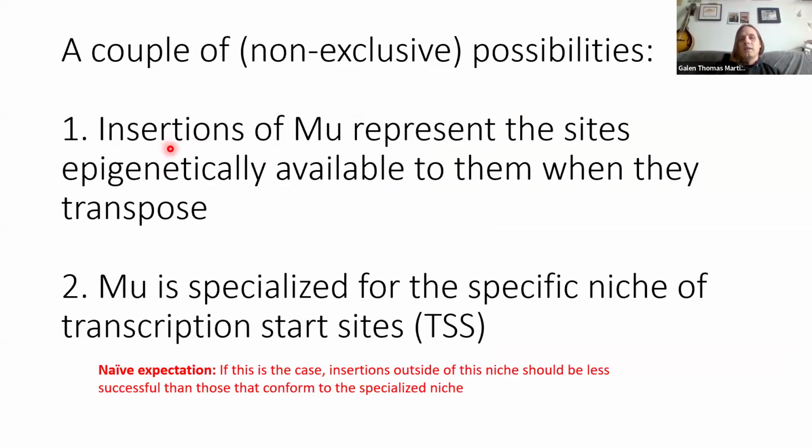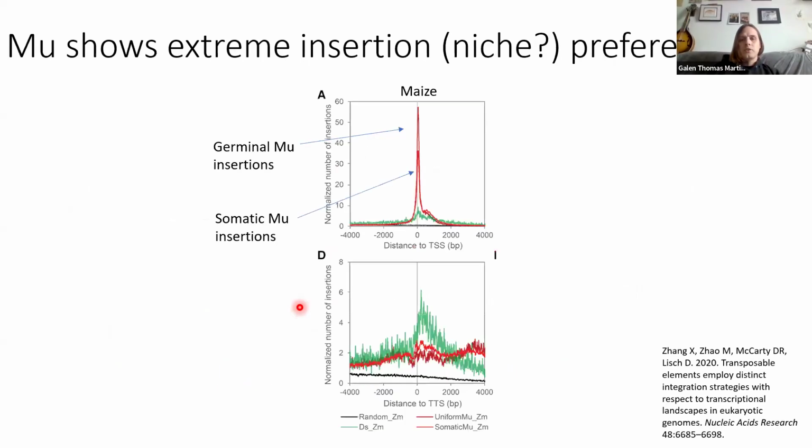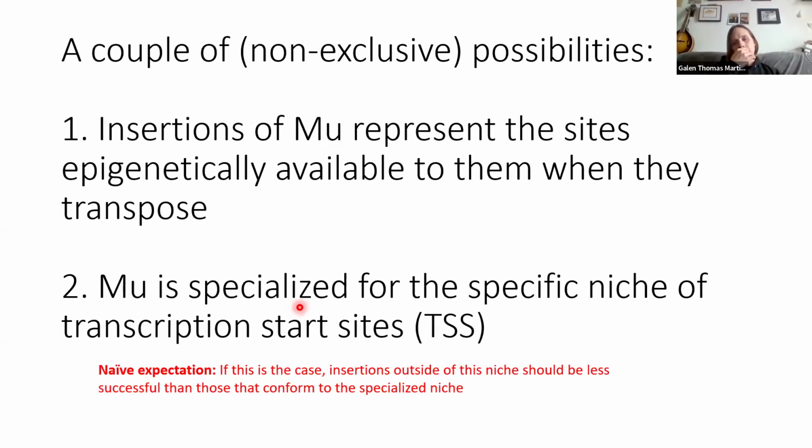It could just be that these are the sites that are available to them whenever they transpose, or it could be that they have specialized for these and it's important for their continued proliferation to target these sites specifically. Another thing that I didn't mention is that they're also highly specific for genes that are more expressed in germinal lineages, right? So this would sort of indicate that there is some advantage to where they're inserting into, right?